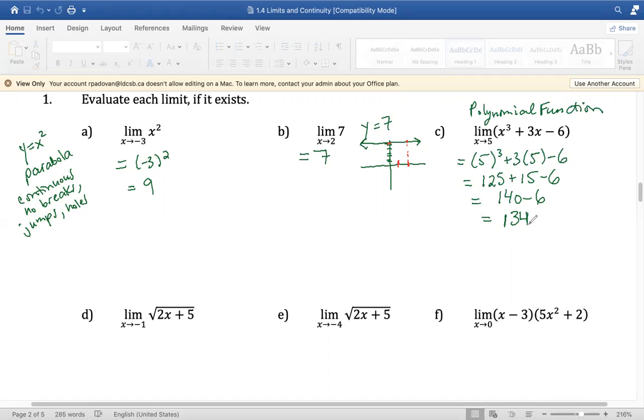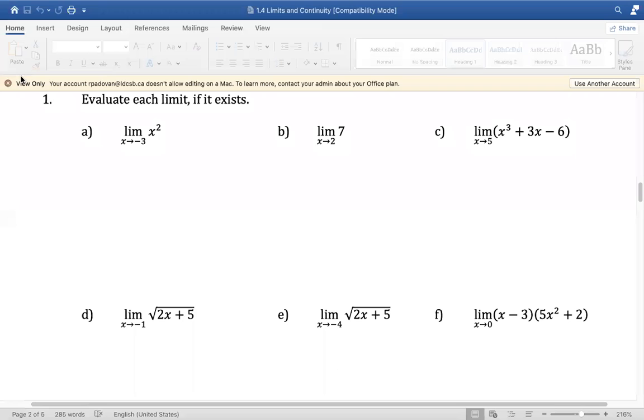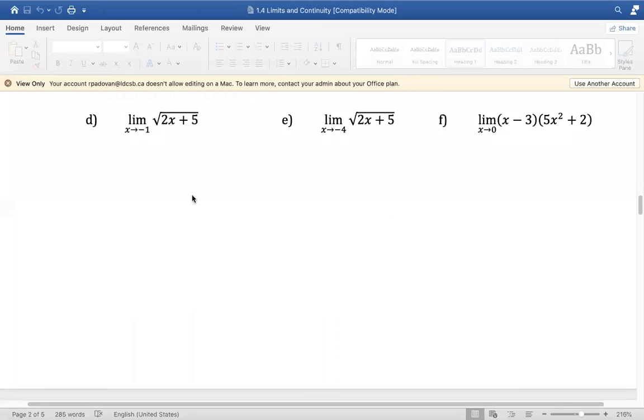Okay, what about D, E, and F? I'm going to need more space. Let's move this up. What if I have the limit as x is approaching -1 of the square root of 2x plus 5? So again, just plug in the value of -1 underneath the square root sign, 2 times -1, and see what we have.